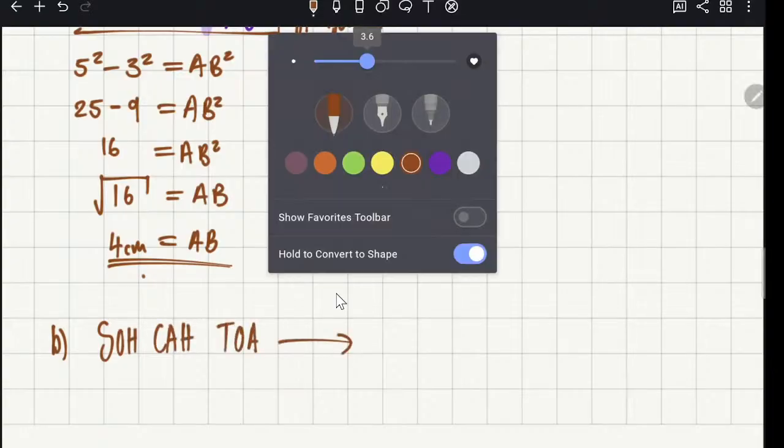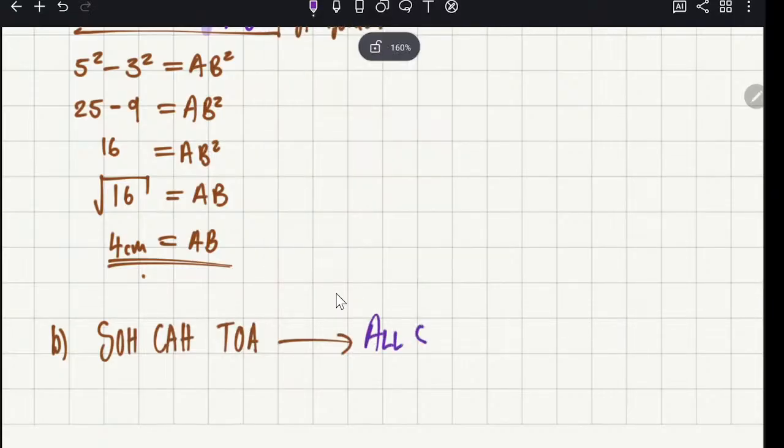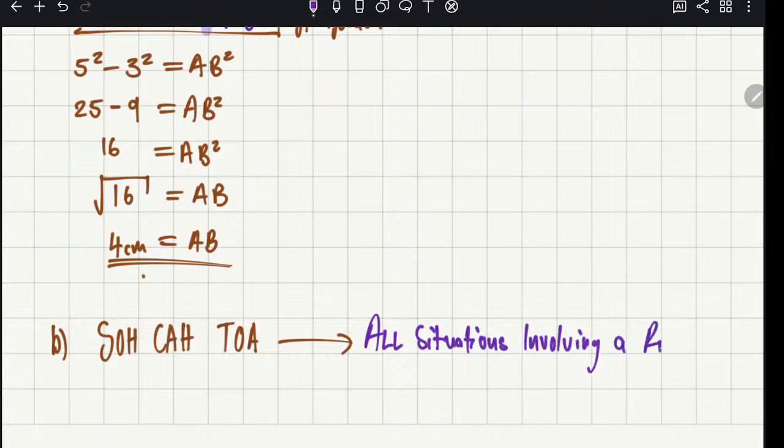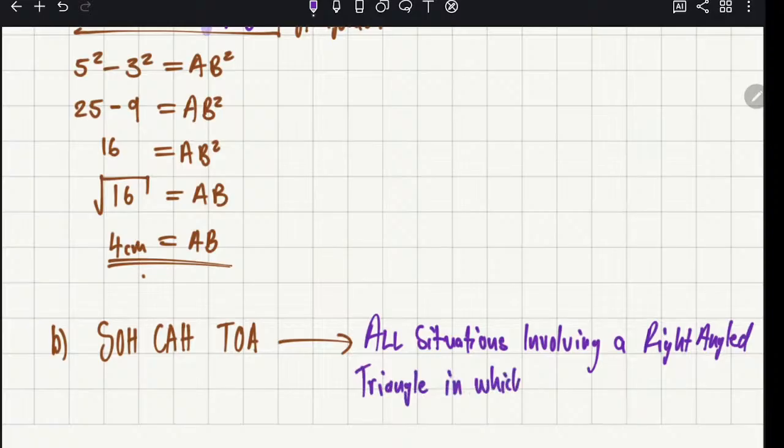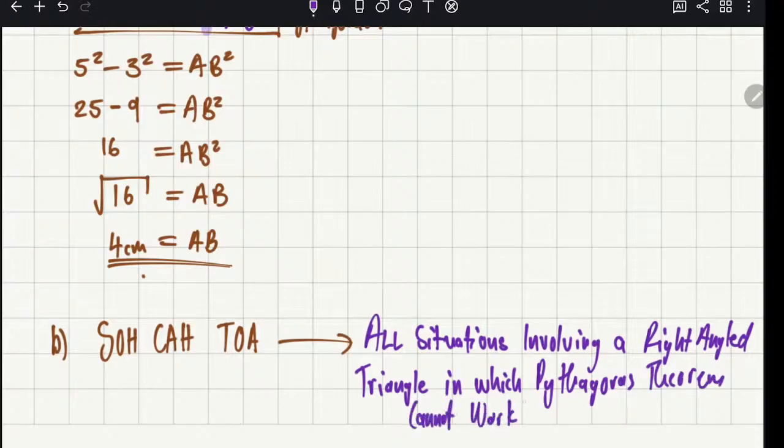It is used for all situations involving a right-angled triangle, all situations that involve a right-angled triangle in which Pythagoras theorem cannot work. So if Pythagoras theorem can't work, automatically you do SOHCAHTOA.